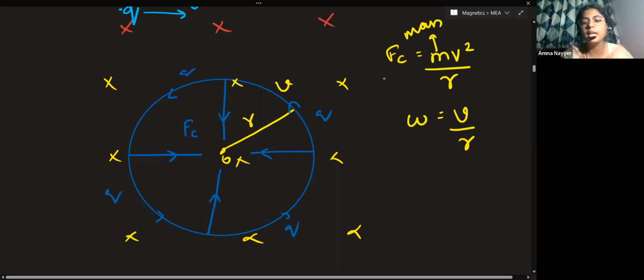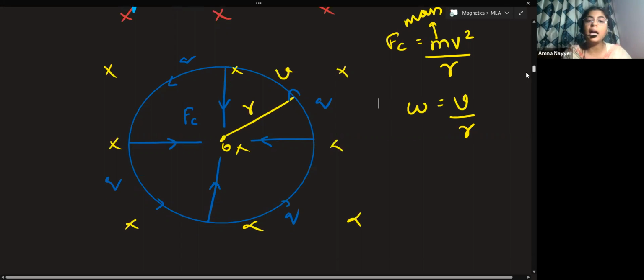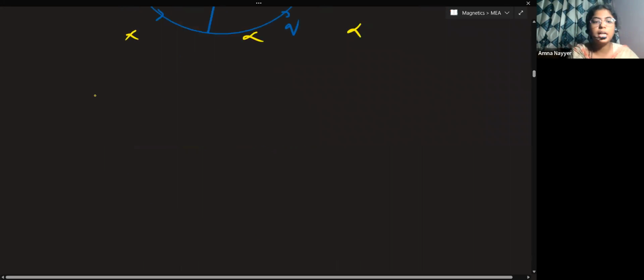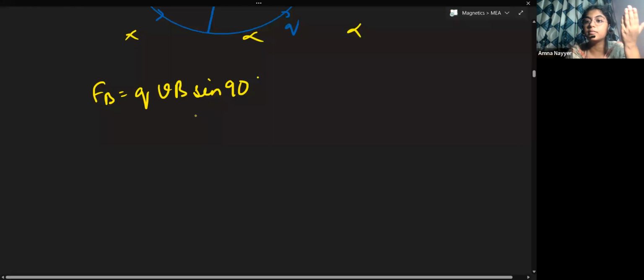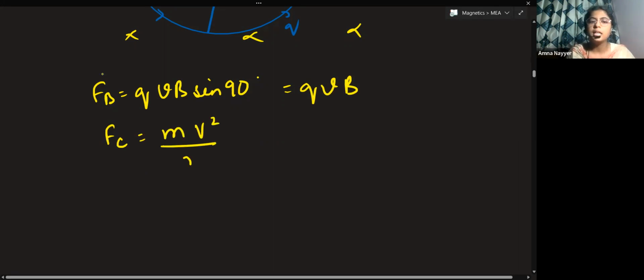Now we have to relate it with Lorentz force. We calculated the Lorentz force, that was F_B equal to qvB, this time sine 90 degrees, because we took the case when the charge was perpendicular to the magnetic field. So this becomes qvB. And centripetal force is mv squared divided by r.